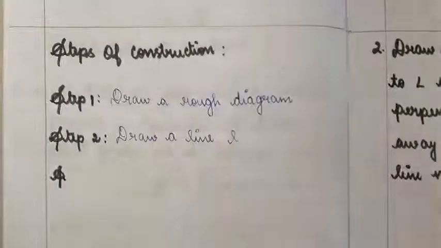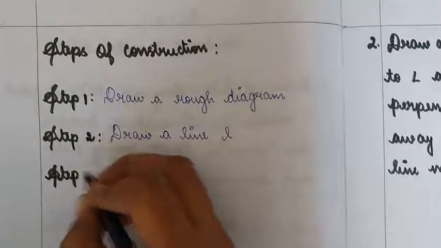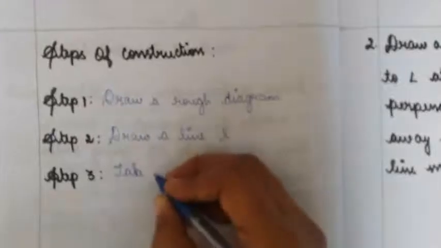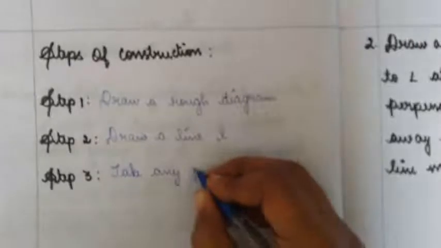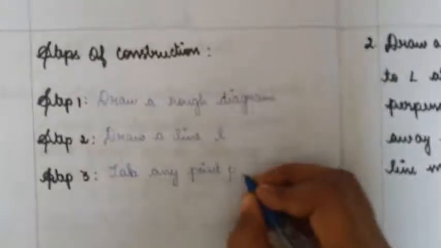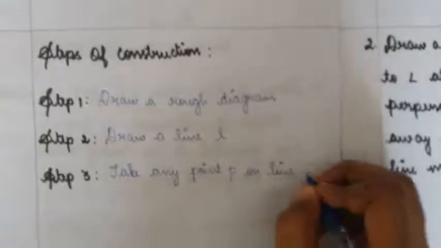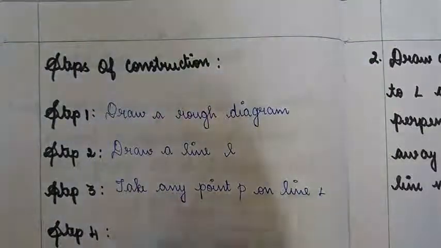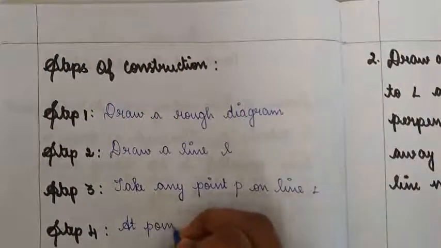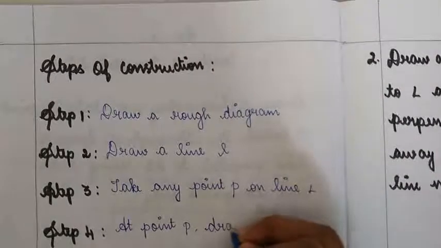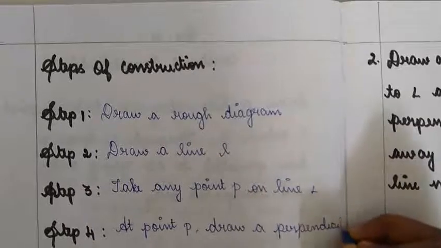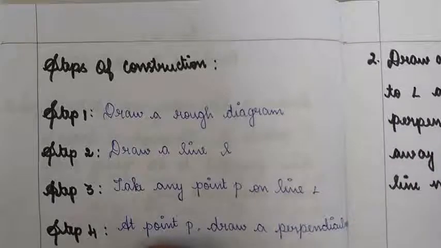Step 3 is take any point P on line L. Next, step 4: at point P, draw a perpendicular line N.